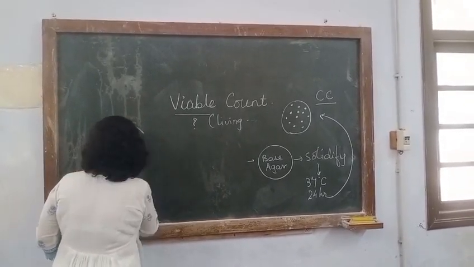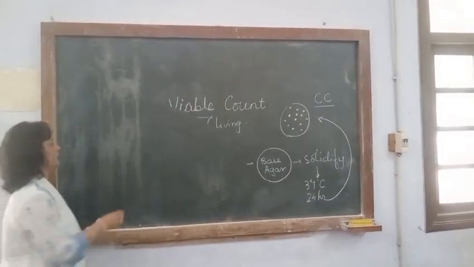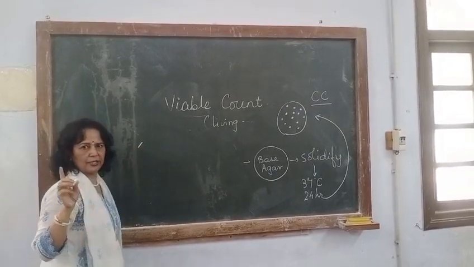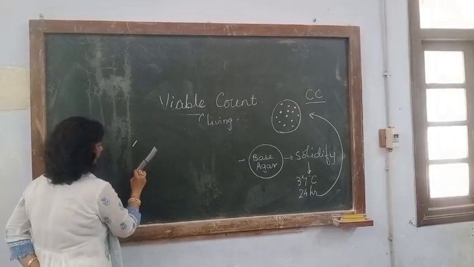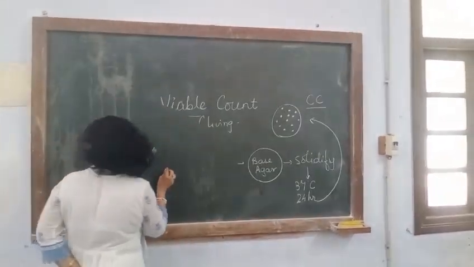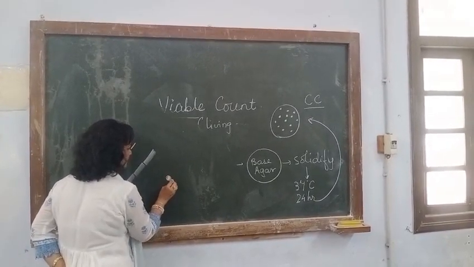Because there is always a different arrangement in the bacteria according to the different species. So why is it so? You know that Escherichia coli is found always singly. But in case of bacillus, what happens? They make chains. What happens in case of cocci? They are also found in bunches or in chains.